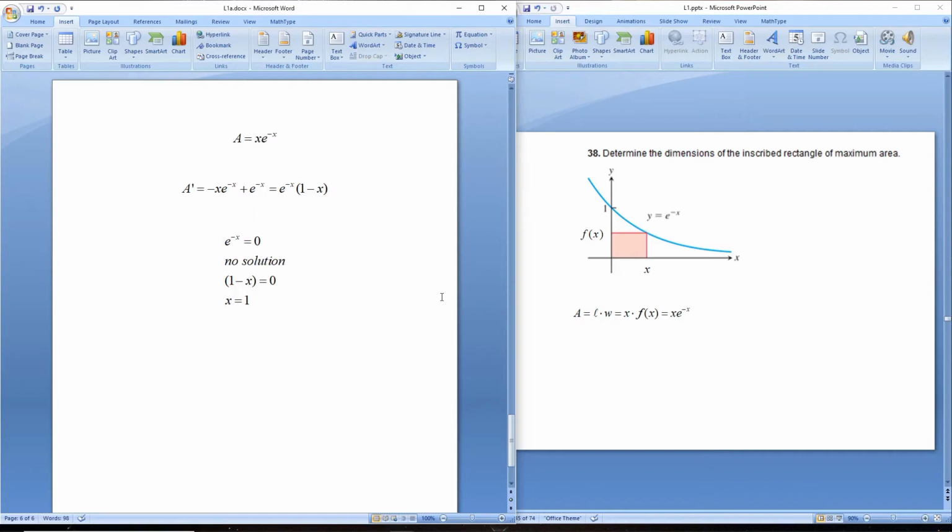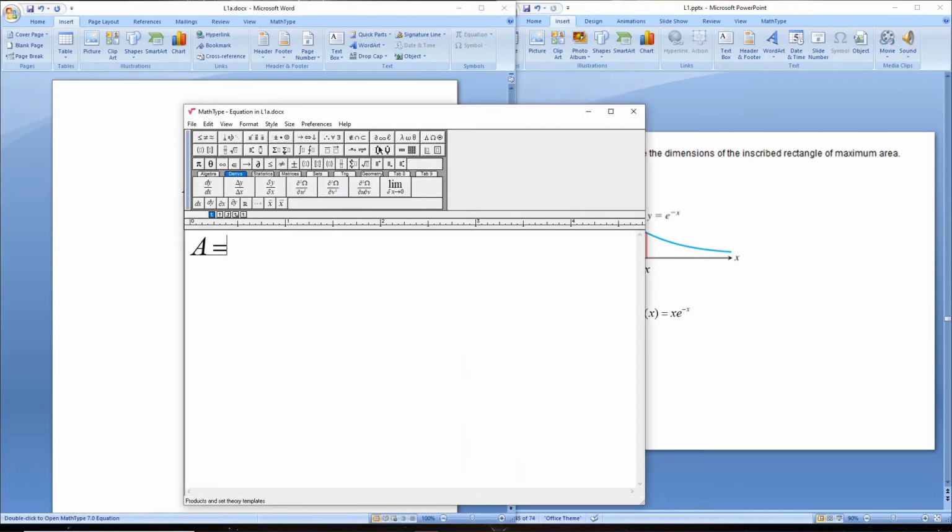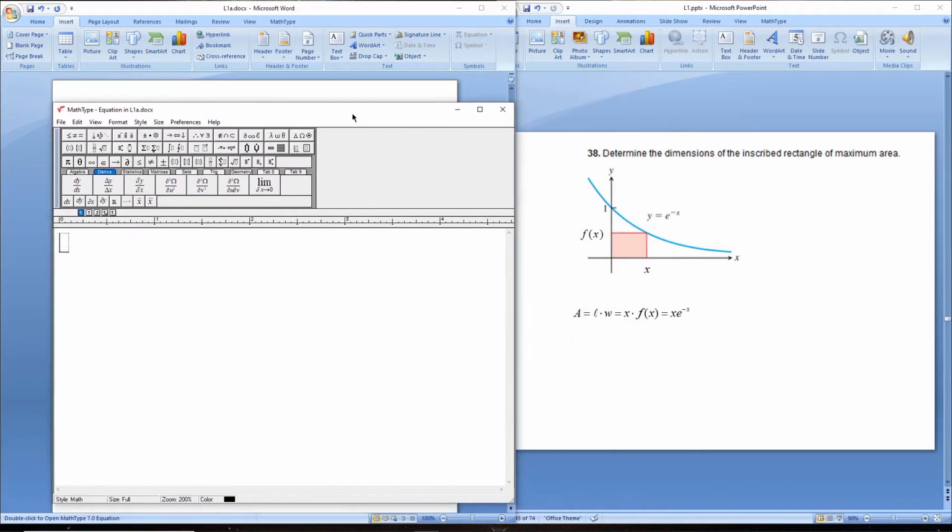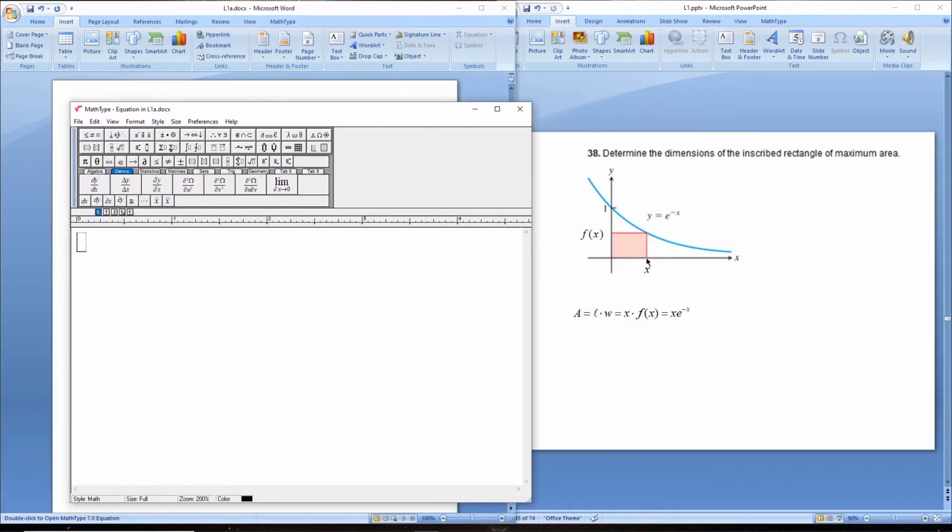So let's check the endpoints. Now this one is a little bit more abstract here. So if we look at our picture, we get x to 0. Now, it's not quite specifically stated here, but we don't want x to go negative, because if we let x move to the left, then the box will surely grow forever, and there will be no maximum area.